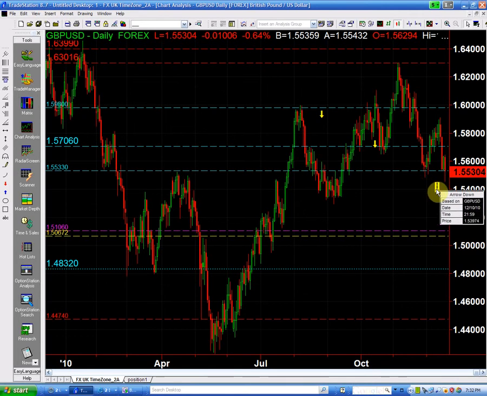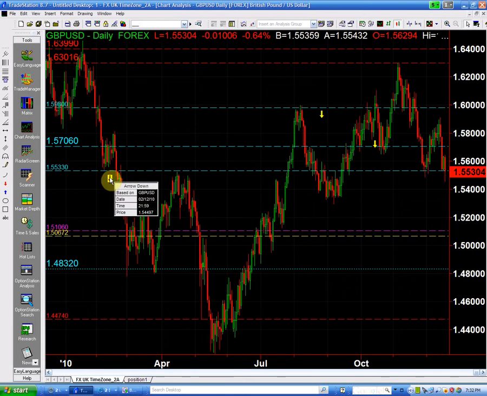And if this breaks here, I'm looking for a move probably towards the 151. If the dollar breaks below the 155.33, and based on the charts there is a very high probability that will be the case, I will be looking for a move during the next week somewhere towards the 151 level, because this is the typical, standard behavior that we have.